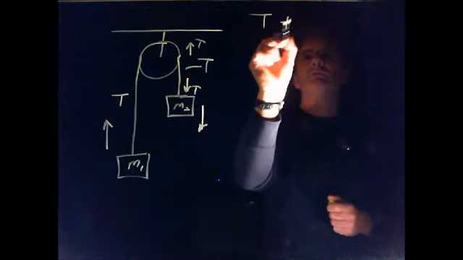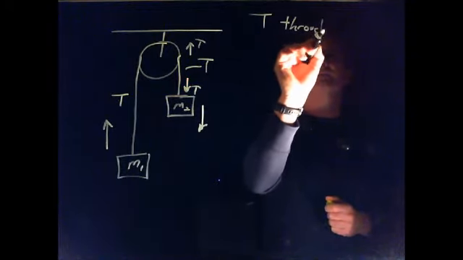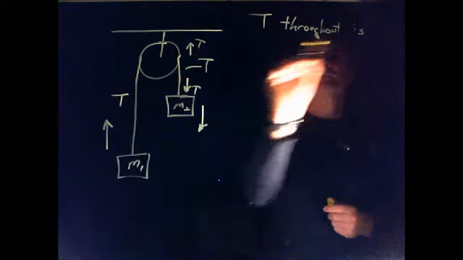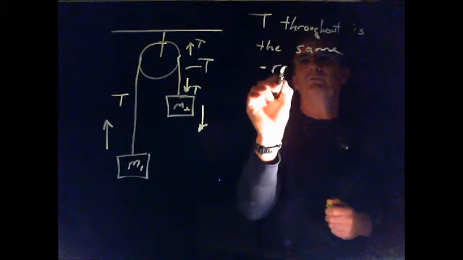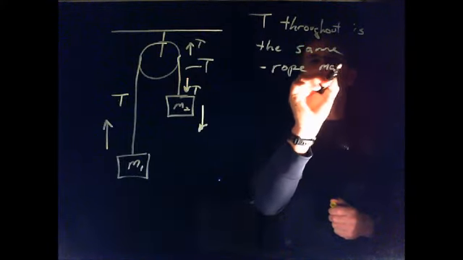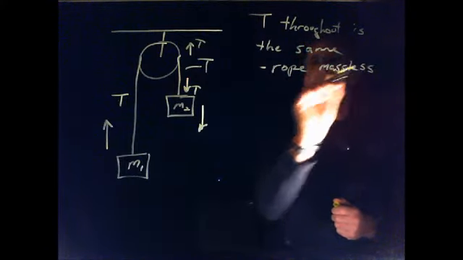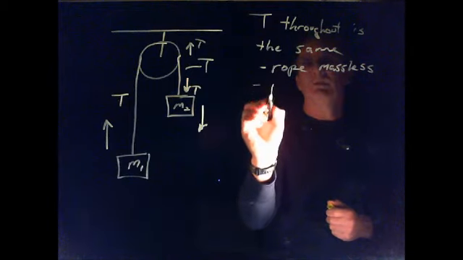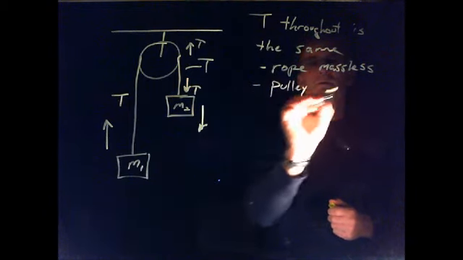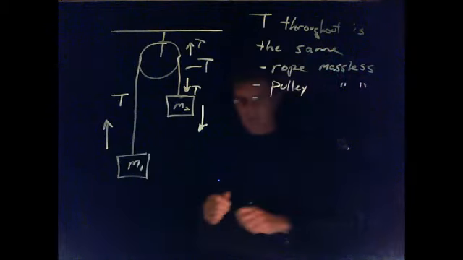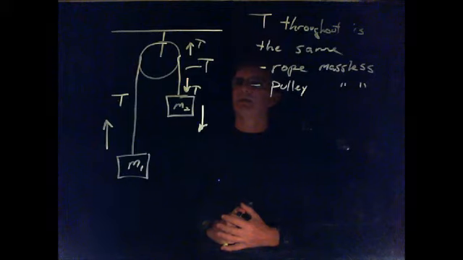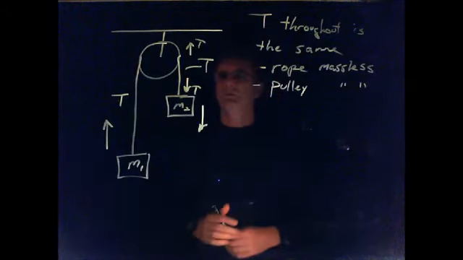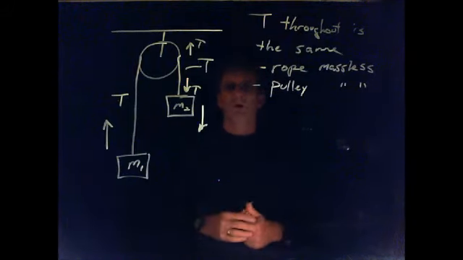T throughout, the tension throughout is the same, because the rope is massless, and the pulley is also massless. If the pulley has mass, these two tensions are not the same. Talk about that a little bit from a qualitative point of view with the rotational motion stuff.